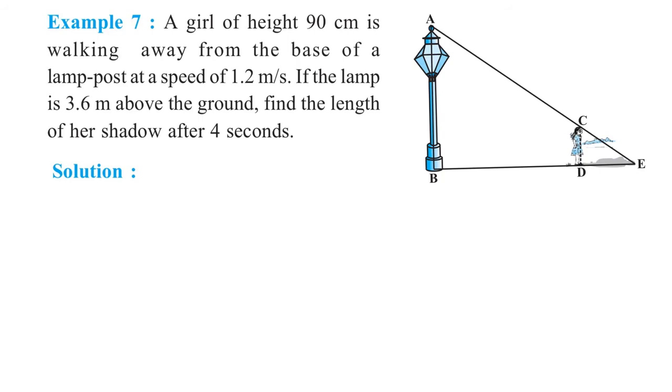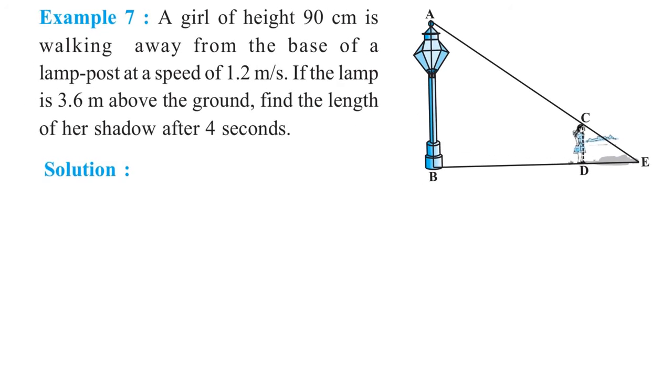So the length of the shadow, we can label this as X. Now, we need to find out what is BD. The girl is taking 4 seconds to move from B to D, and she is moving at a speed of 1.2 meters per second.